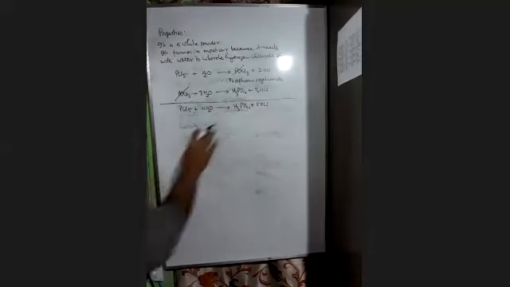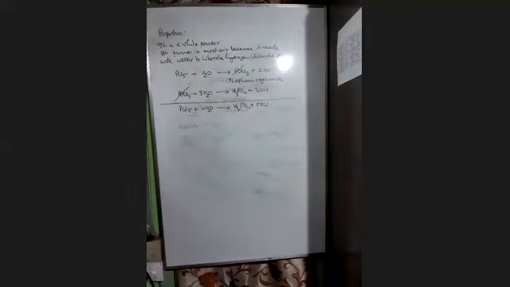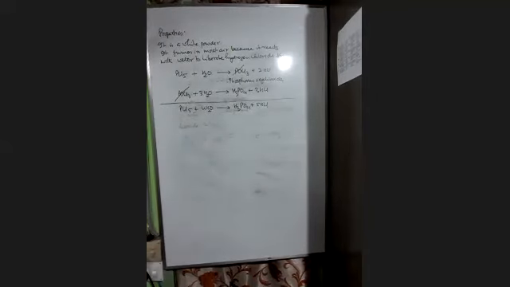So PCl3 gives you phosphorous acid and PCl5 gives you phosphoric acid. Remember, that is the phosphoric acid you get. Okay, finish. I'll take 10 more minutes and finish.